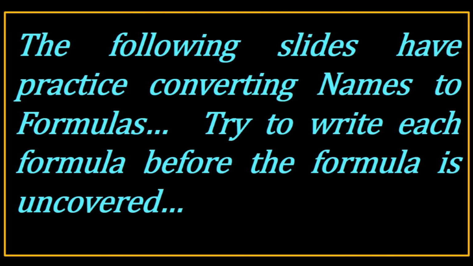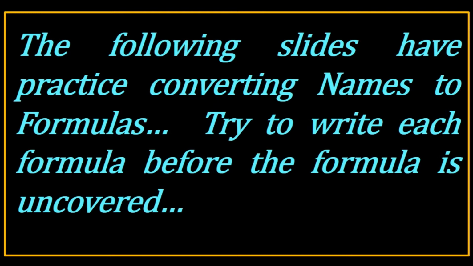Remember to turn the YouTube on pause, and see if you can name the substance. I'll go slow at first, and then again it will be 2 seconds a slide. It'll go very quickly. So let's begin by converting name to formula.